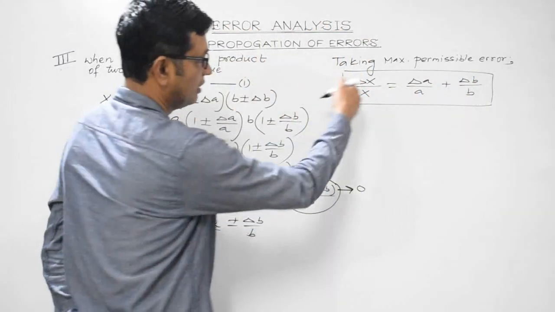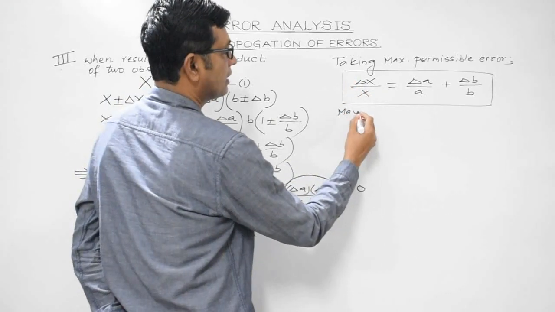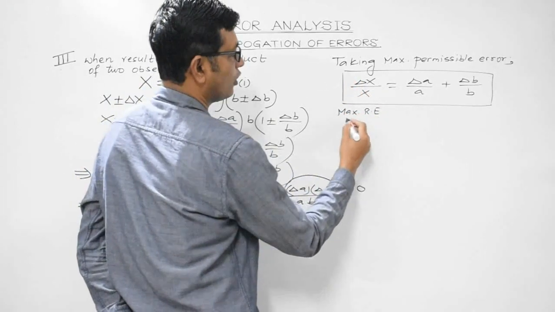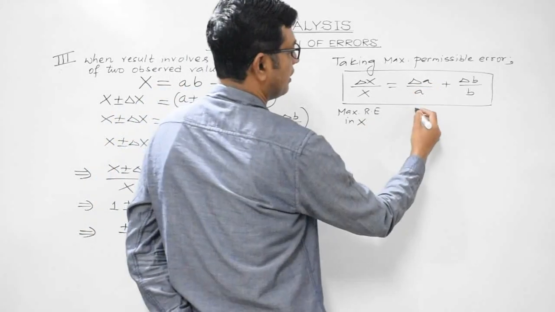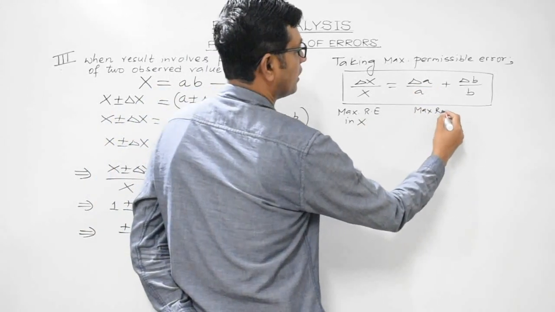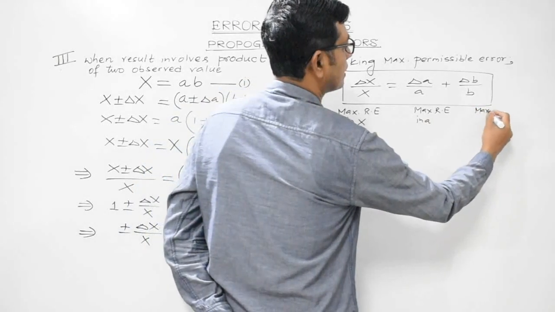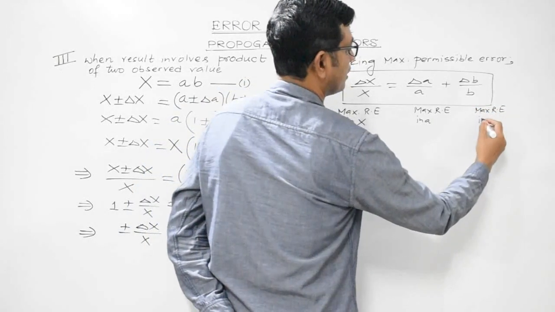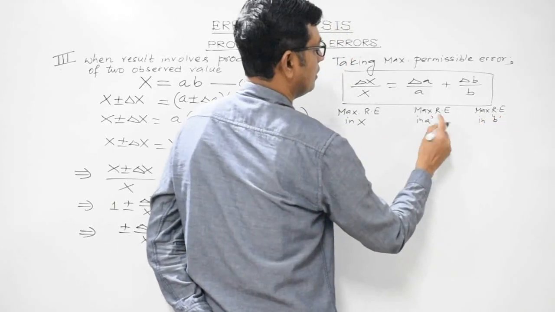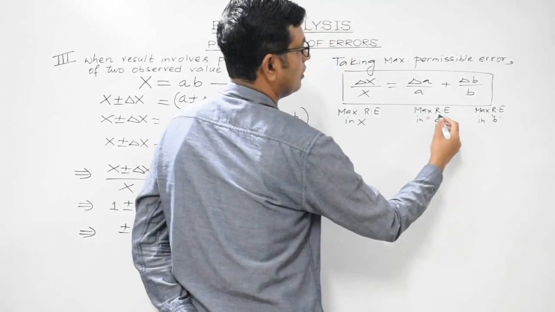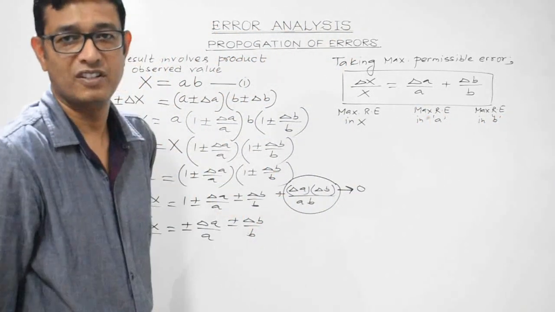Now look, this is the maximum relative or fractional error in x. It is the maximum relative or fractional error in A, and it is the maximum relative or fractional error in B. Right? So this is the conclusion.